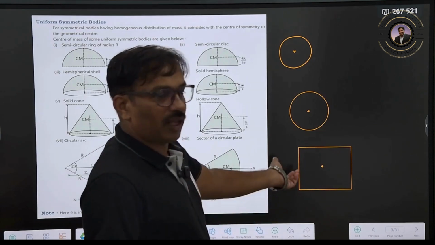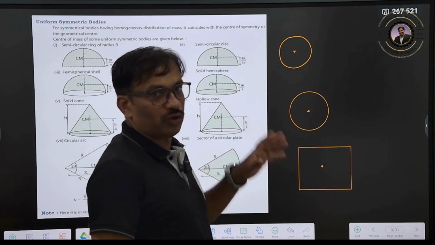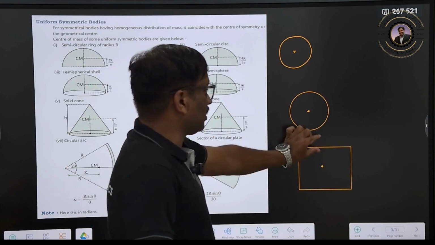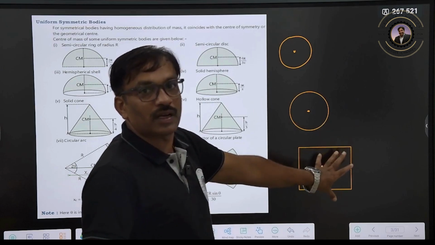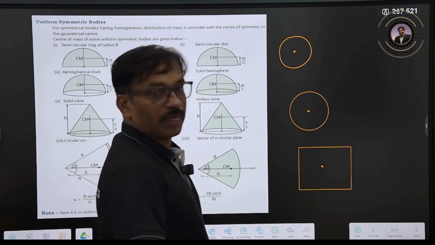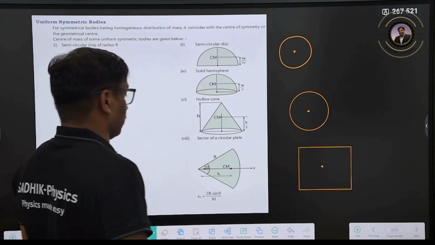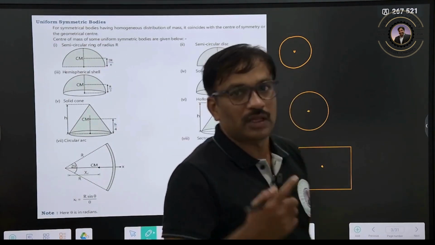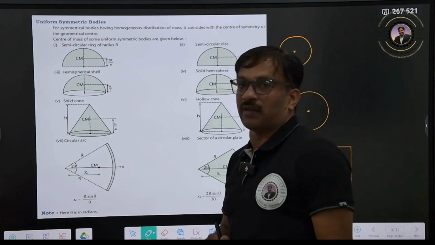Disc or a frame or anything, but it should compulsorily be uniform, uniformly distributed everywhere. If it is thick here and thin there, then definitely the center of mass will not lie at the geometrical center. Clear? So for all these geometrical shaped objects, their geometrical center will be the center of mass.